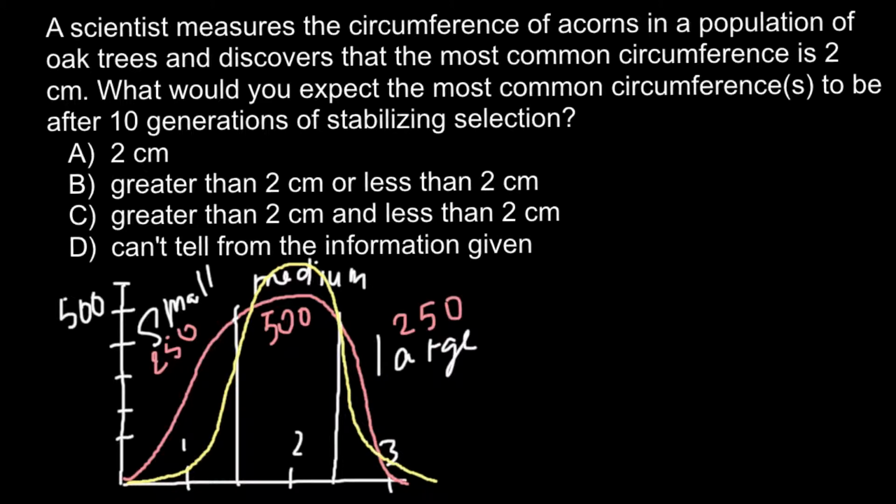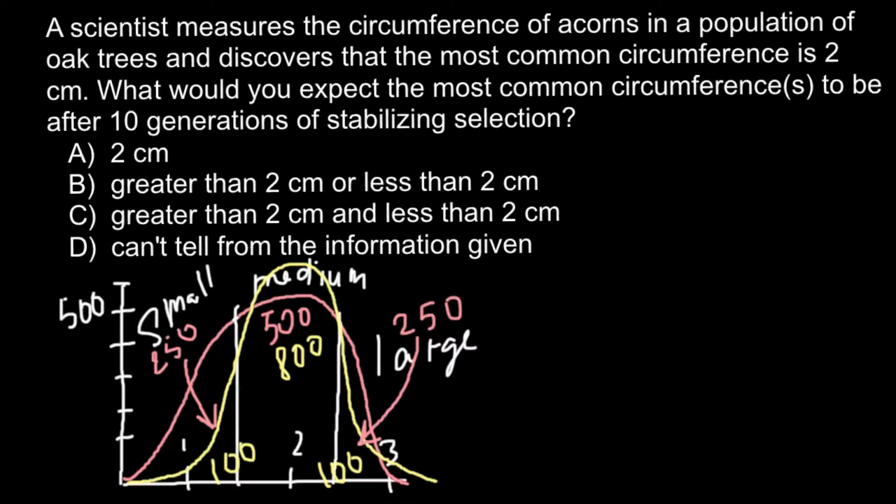So here probably we would have 800, and here we would have 100 and 100 here. So this group would decrease from 250 to 100, and this also would decrease from 250 to 100, but this group in the middle would increase from 500 to 800.